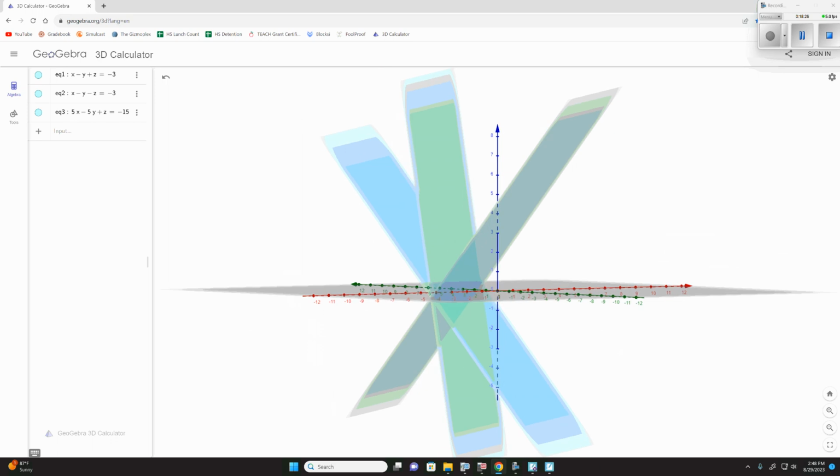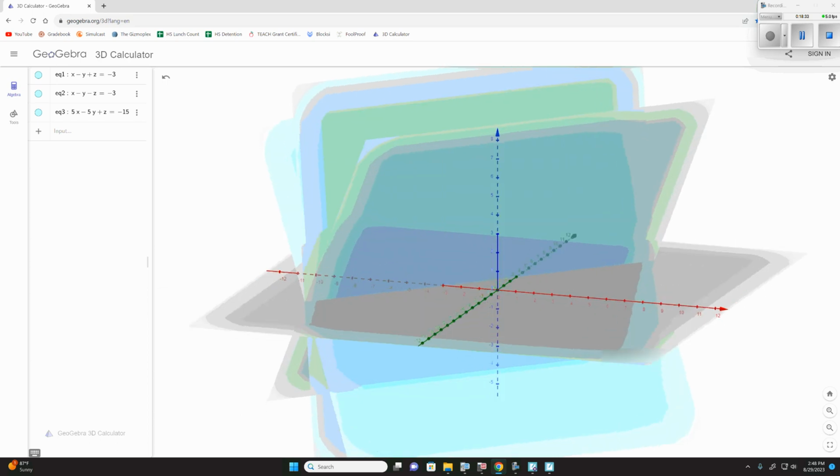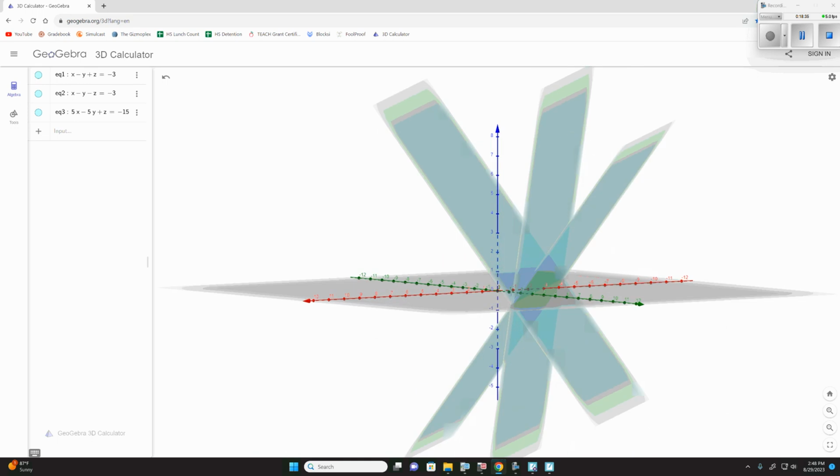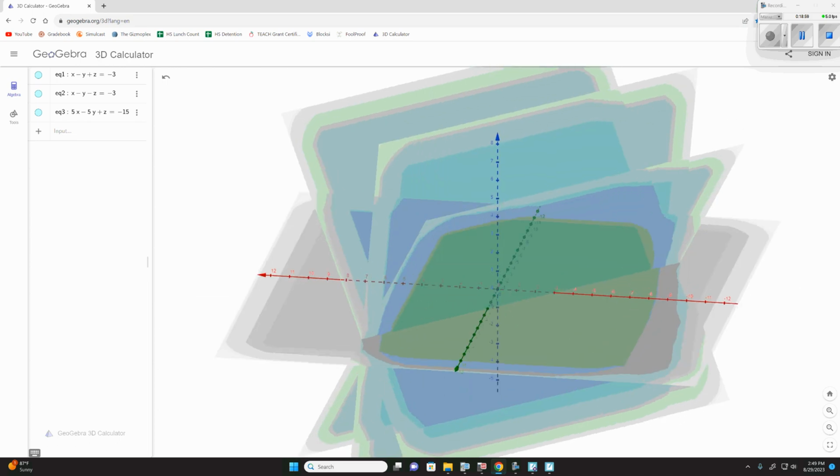We can see that they all three do intersect, but not quite in an X. They all have a line where they do intersect. And that line, if we went and found the equation of that line of intersection, would be the solution for the set of infinitely many solutions. So any point that lies on that line would be true. I'm showing you this just so you can see graphically what the graph of this infinitely many solution would look like.